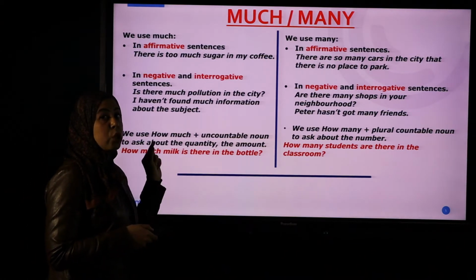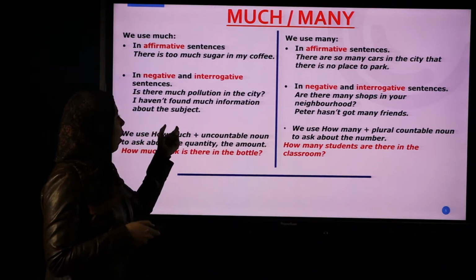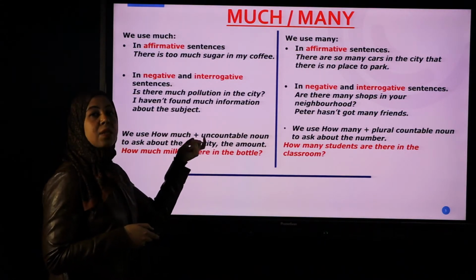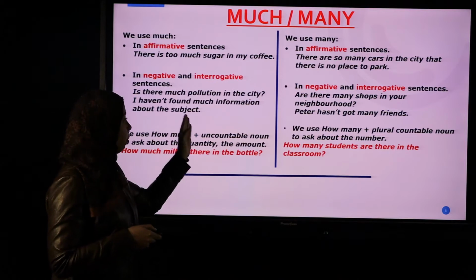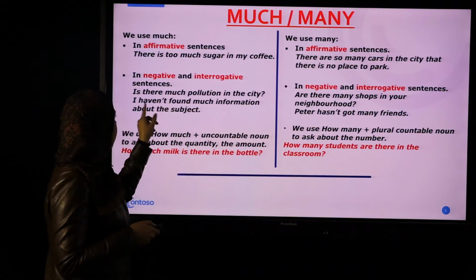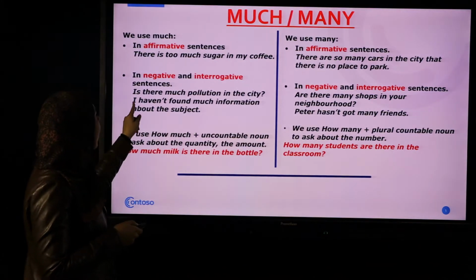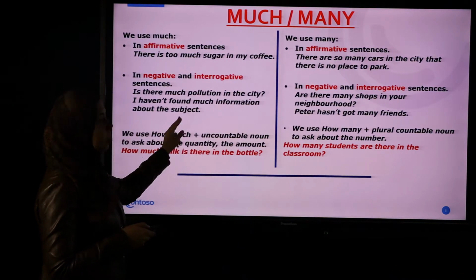But if I'm going to count it, I can say, I found many pieces of information. Okay, this is the only case that I can count pieces of information, not information. But now we are talking about information only. So we say, I haven't found much information about the subject.